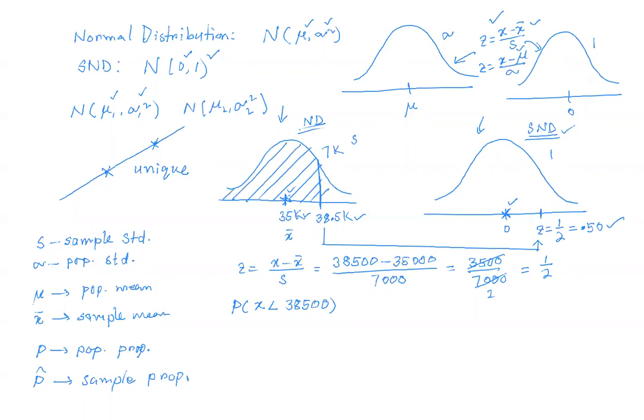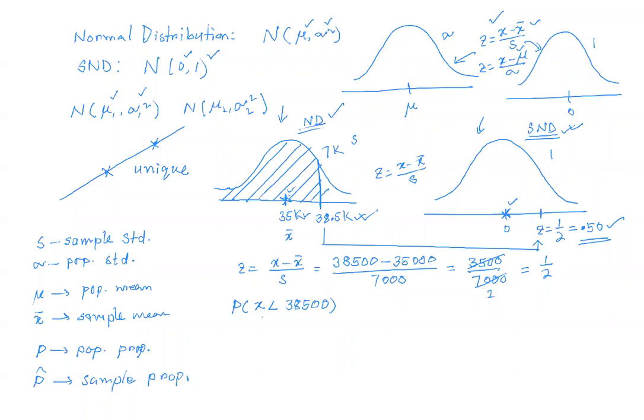Everything to the left. Now, this normal distribution is not in the standard form. You can potentially just find the value with the calculator, but I use the table, okay? It's easier. So we go from this to that, that means standard normal distribution, using the Z formula, which we did use already: x minus x bar divided by s. Now, probability of X less than 38,500 is the same as Z. Look, this value maps to a Z value of 0.5.